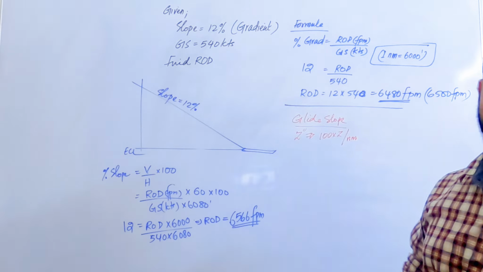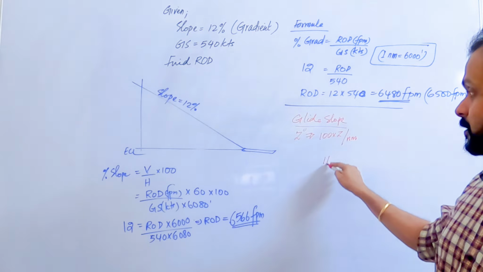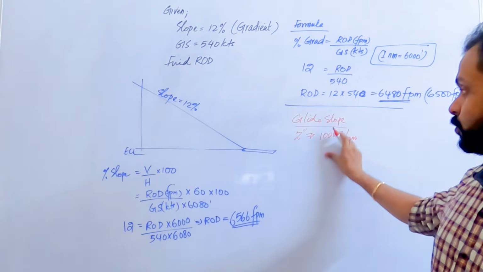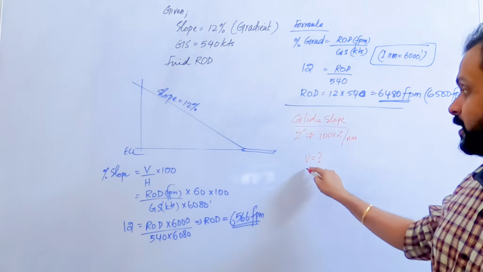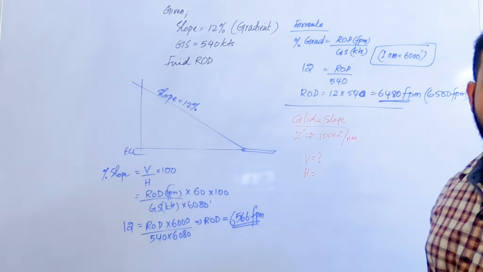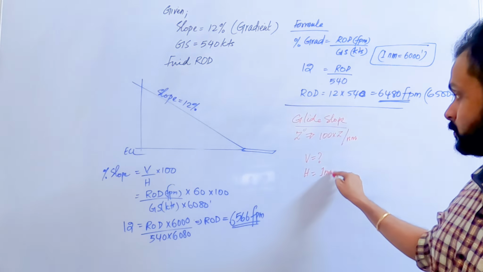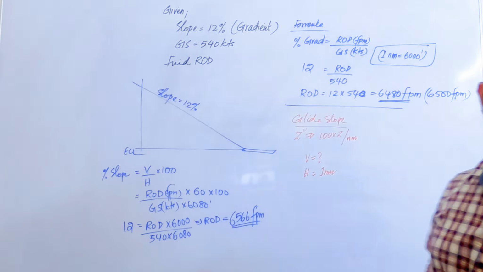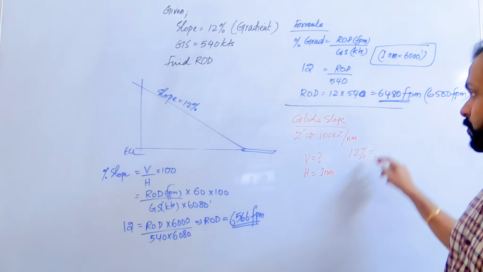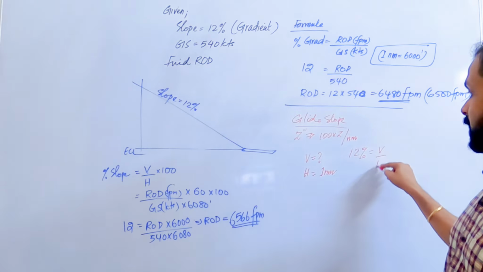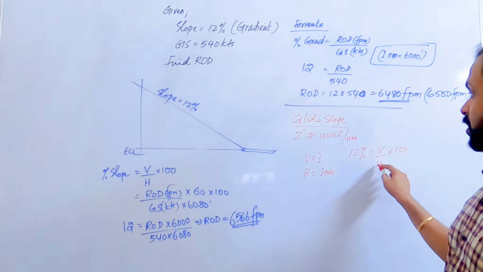On a 12% slope, what is the vertical height corresponding to a horizontal distance of 1 nautical mile? It is 1200 feet. 12% is equal to V by H into 100, and we need to find V.